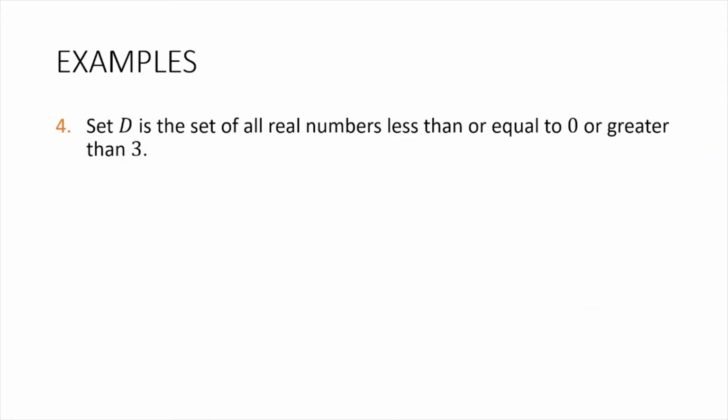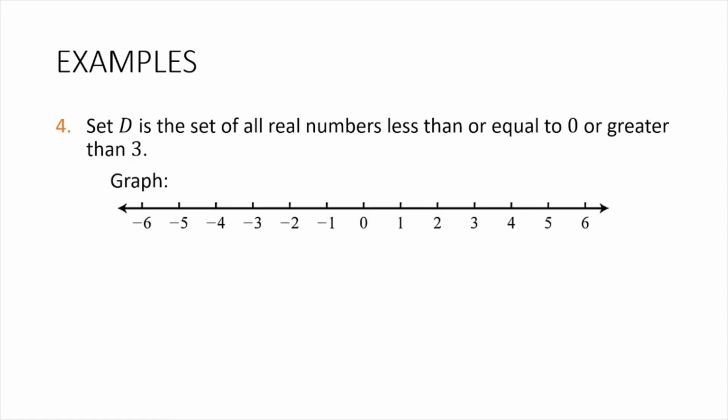Last number. We have here set D is the set of all real numbers less than or equal to 0 or greater than 3. So for the graph, we start with 0. From 0, it says here less than or equal to 0, so we include 0 and then less than, so real numbers to the left of 0, going to negative infinity.